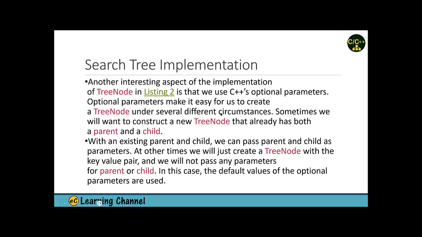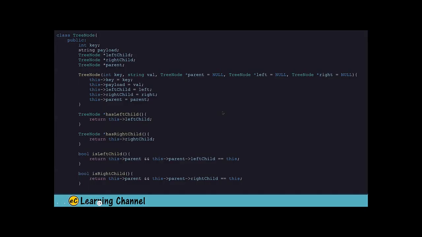So this one is easy. Then you need to look at the tree node. Your tree node looks like this. You'd have a key and a value. You use the key to compare if there's a match, and the value is your payload.